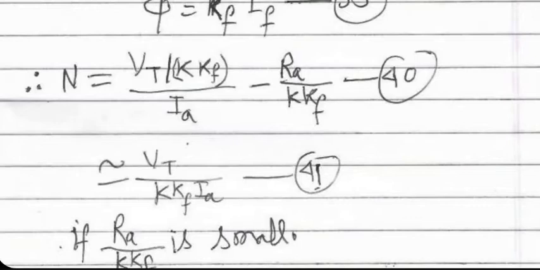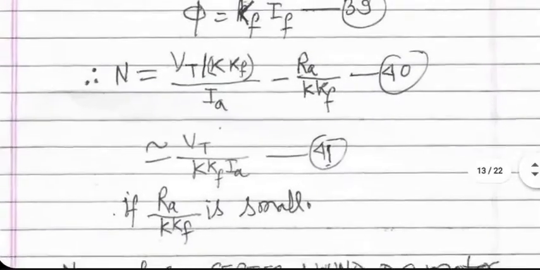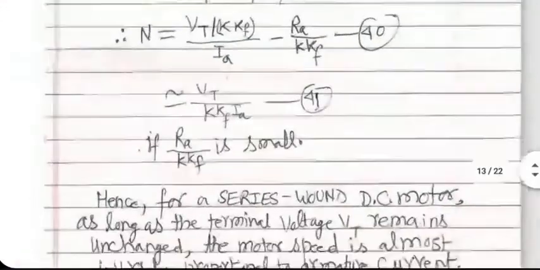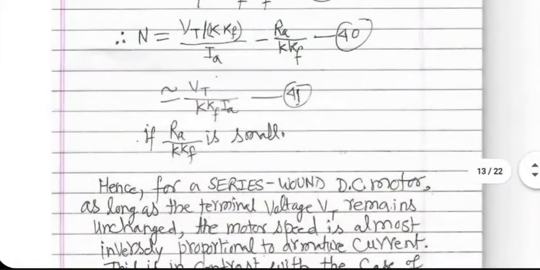This is very different from what we saw for shunt or separately excited motors. Speed is inversely proportional to armature current, approximately. A DC motor will come to a full stop if armature current is large.